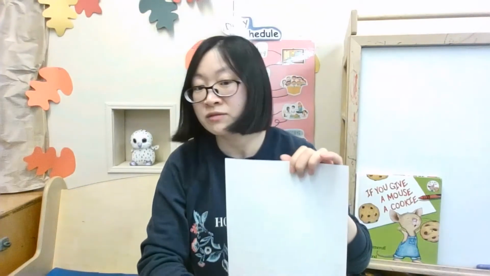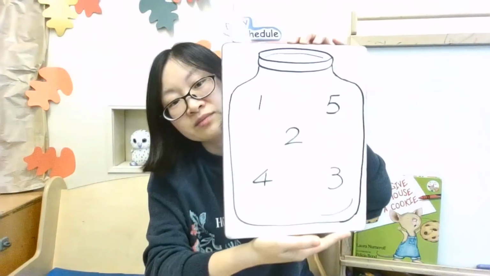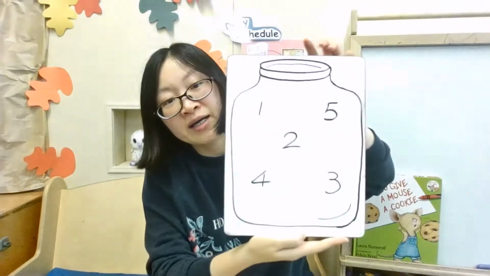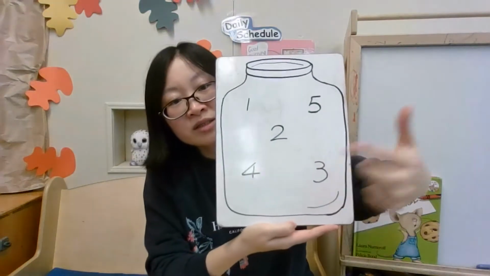And then, if you use a piece of paper and you don't have a cookie tray, you can draw a cookie jar on the paper like this. And you're going to write down the numbers. I just draw a cookie jar and write down the numbers separately.